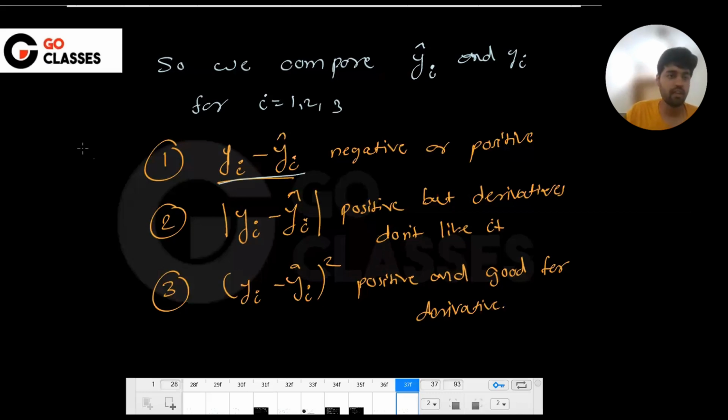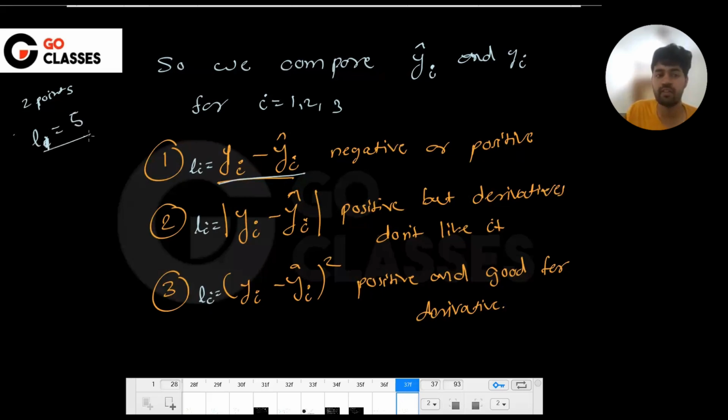I'll tell you why. Let's assume that you have 2 points, right? The error for point 1, let's call this Li. We can say Li equal to this, in the first case, let's use this. L1 turns out to be 5, let's assume that.